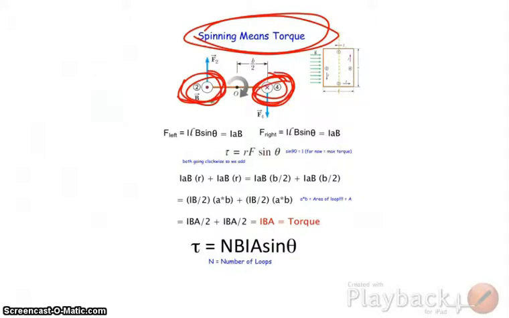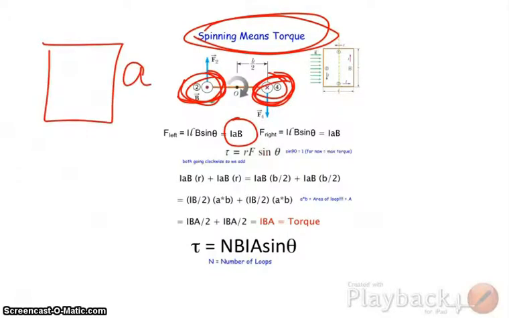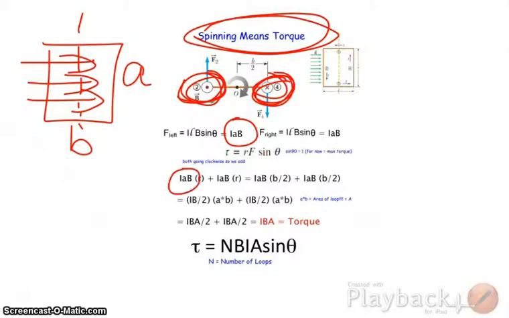So we find our force on one side. We have a loop. This side is length A, this side is length B, and you have a pivot point in between. So you have this magnetic field B times your current, which is I, times A, which is the length. Now that's your force. You have to multiply it by R to get your torque. So torque of one side plus torque of the other.